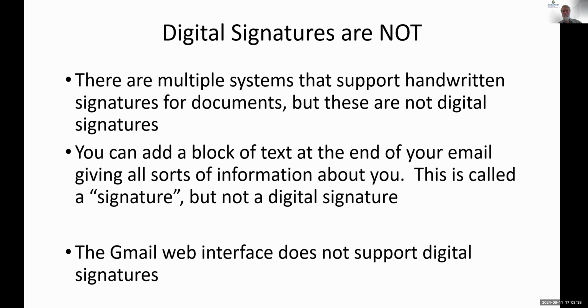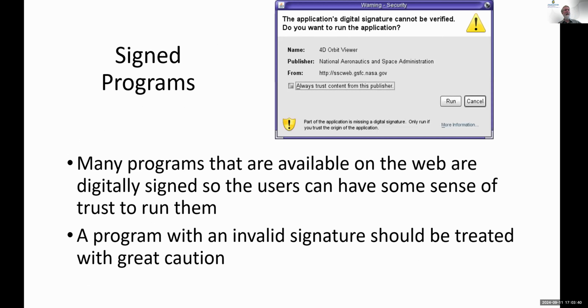Run the executable, it'll pop up and be like, yeah, right. Yes. If you're on Windows, look, there's a similar thing on Mac. It's a different picture, but yes, if you get a program that does not have a signature, that's one message. It says the application's digital signature cannot be verified. You want to run the application?